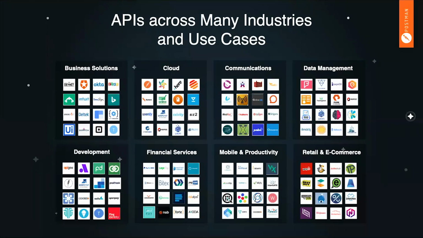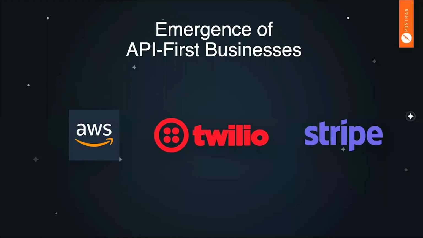All of this has led to an emergence of API-first businesses that have really led the charge when it comes to APIs and how we build software. AWS, when they first began, was just an API, and then following their lead, Twilio and Stripe and others have emerged to be API-first businesses, demonstrating how to do this well.